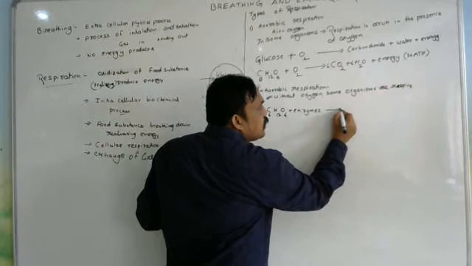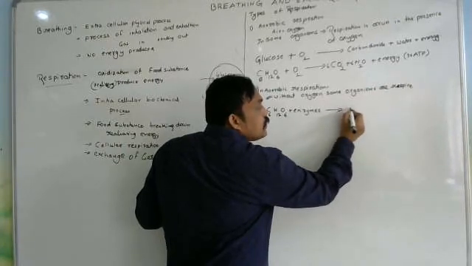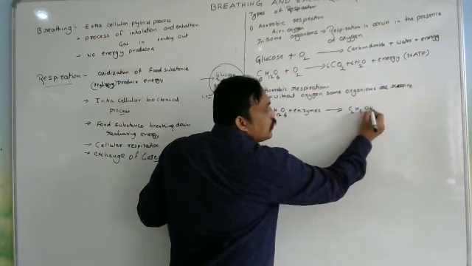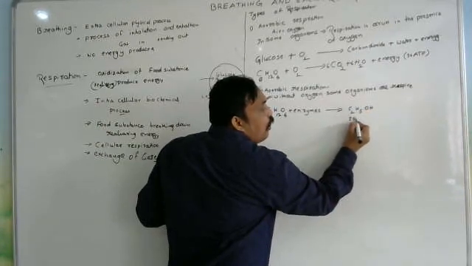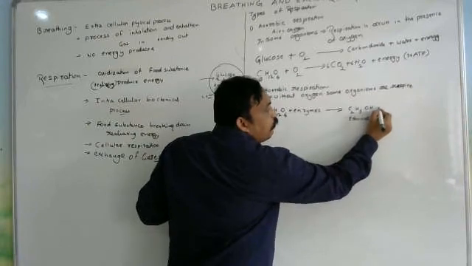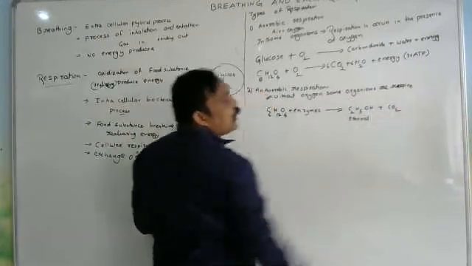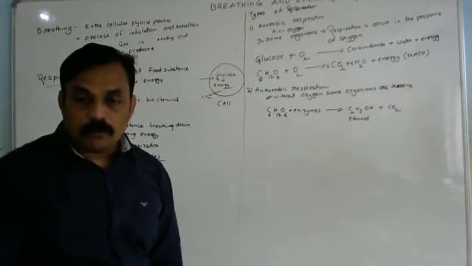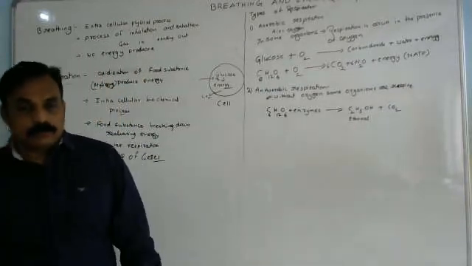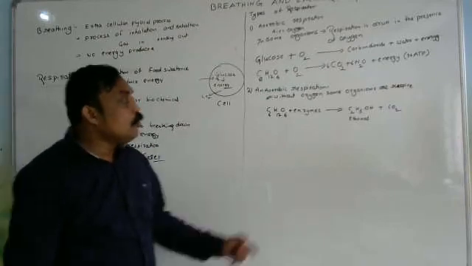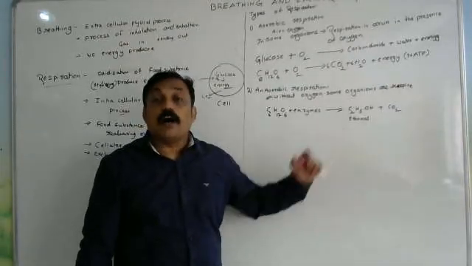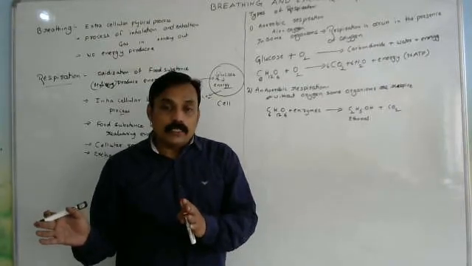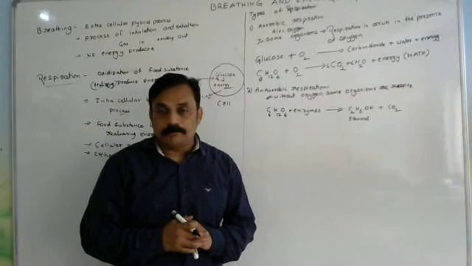In the presence of enzymes, they release C2H5OH, which is ethanol or ethyl alcohol. C2H5OH is what we call alcoholic beverages. That means it converts glucose into alcohol.